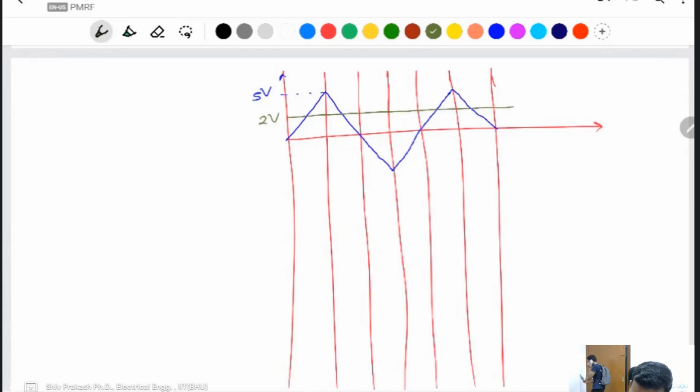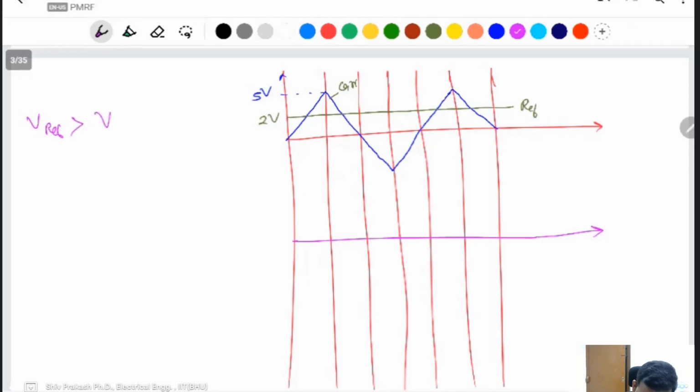This one is the reference signal and this one is the carrier signal. When V reference is greater than V carrier, the output will be 1.